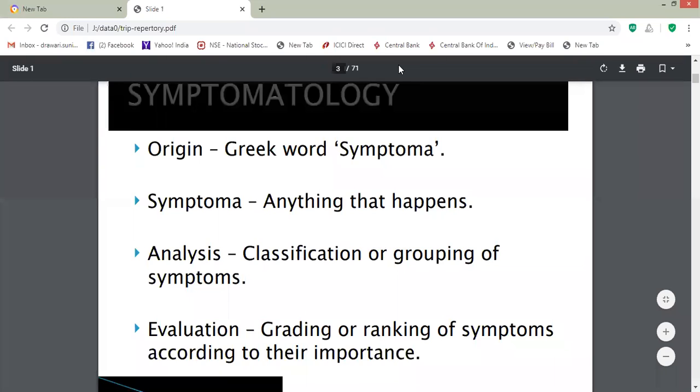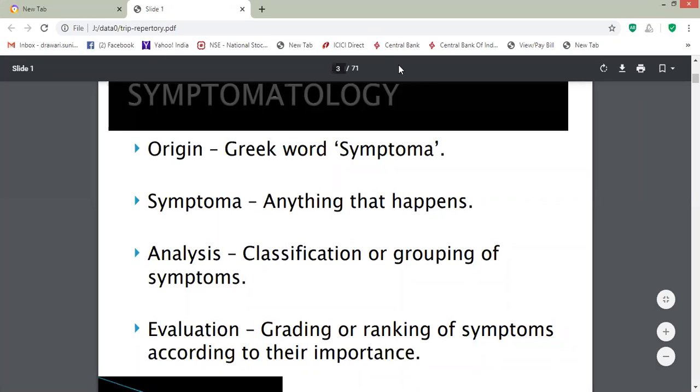We have to classify the symptoms, we have to group the symptoms according to the philosophy of the repertory we are using for the purpose of repertorization. According to the philosophy behind that repertory, we have to analyze and group the symptoms. Then evaluation means grading or ranking of symptoms.